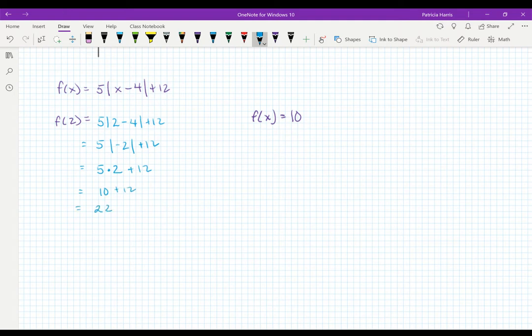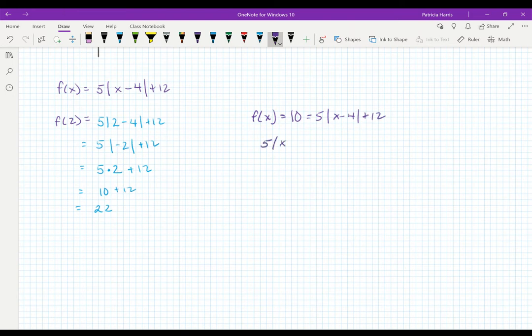Now this next one where it says f of x is equal to 10, that's more equation solving. So you take your function, f of x is equal to 5 times the absolute value x minus 4 plus 12, and then you set it equal to 10. So we have an equation to solve.